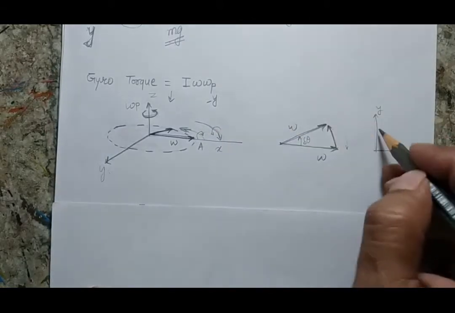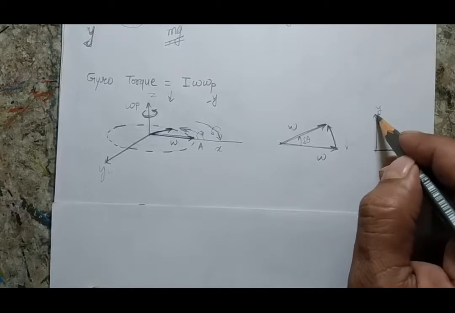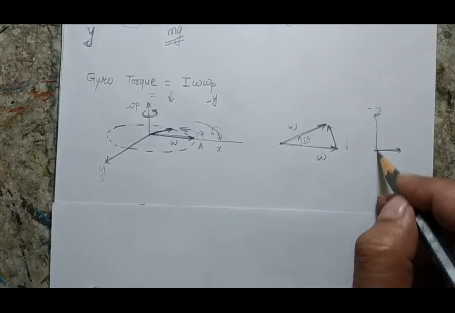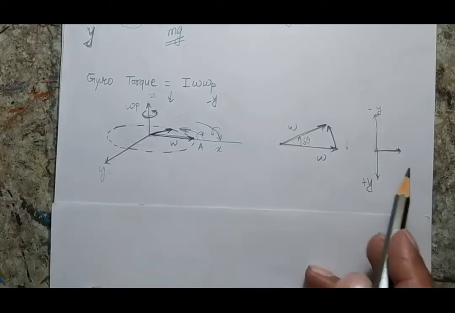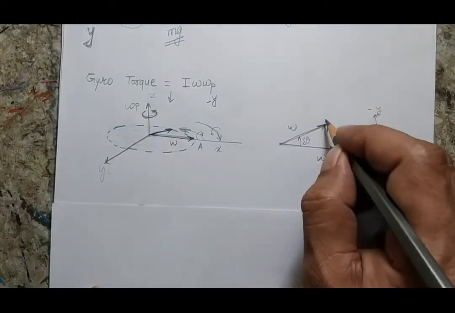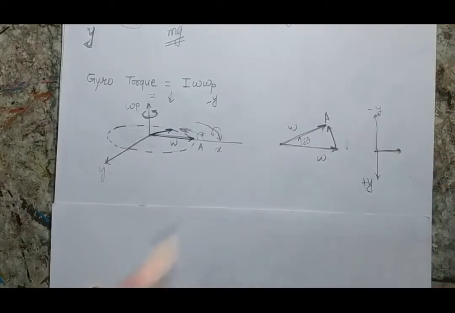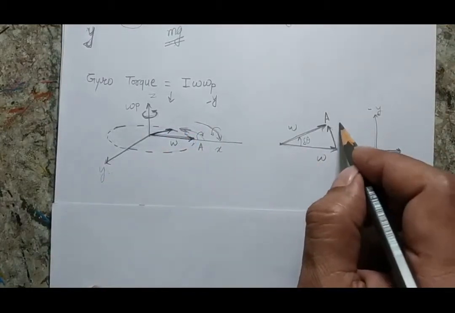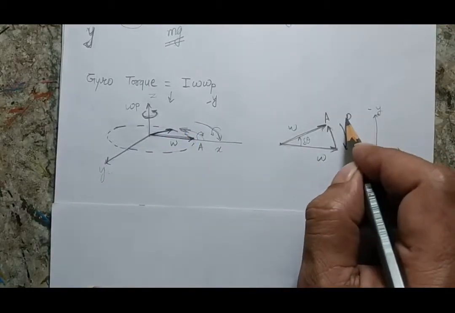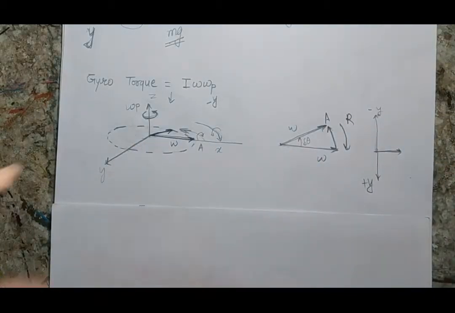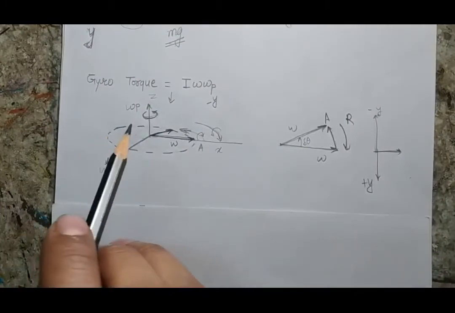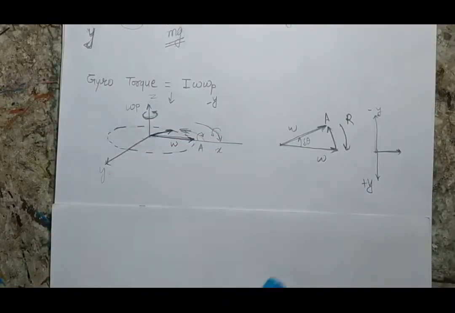So this is my x-axis, this is my y-axis, but basically this is my minus y and this is my plus y, if I am following the same convention as here and here. So this is my active torque which is going inside the plane, and this is my reactive torque which is coming out of the plane. If I go back to the three dimensions, the inside of the plane is the active torque and coming out of the plane is the reactive torque.